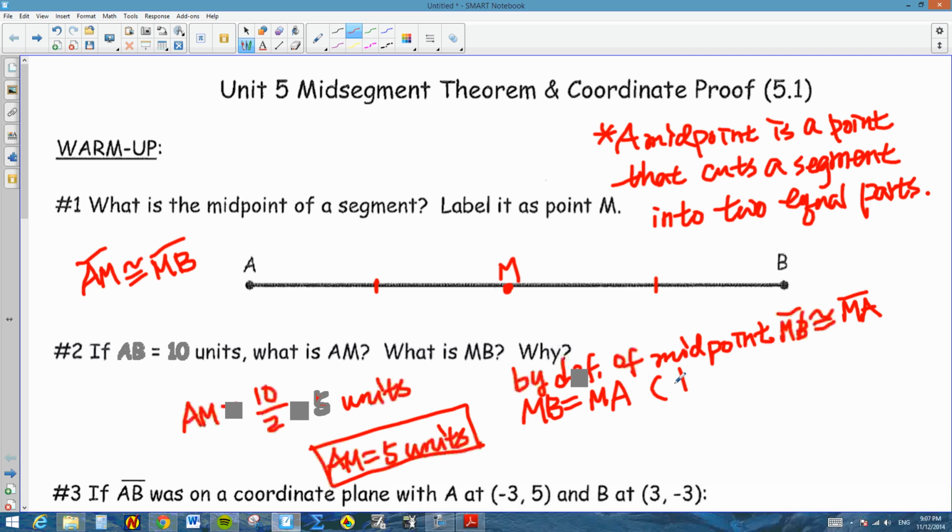That is the definition of congruency. So MB must equal MA, and MA equals 5 units. So the length of segment MB is also 5 units.